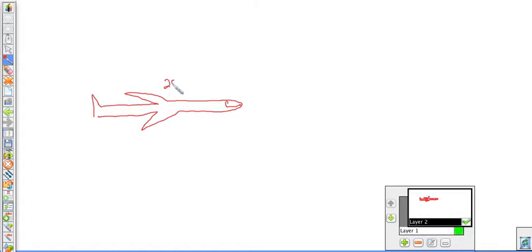Let's say that the airplane can go 285 kilometers per hour, and that's the speed that it is going relative to the air. And let's say that it needs to continue going in this direction. Let's say that this direction is north, which would make this direction east, this direction south, and this would be west.